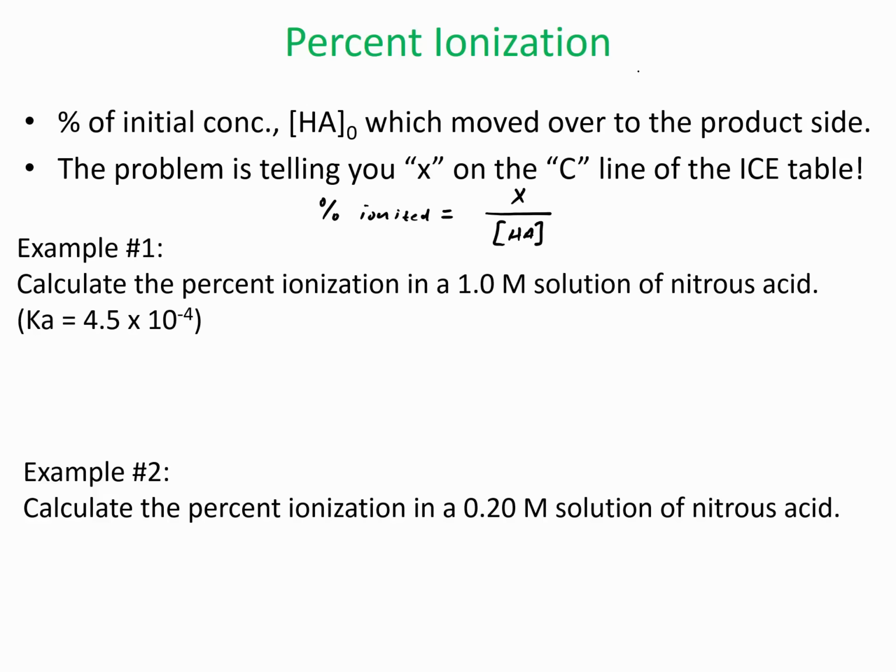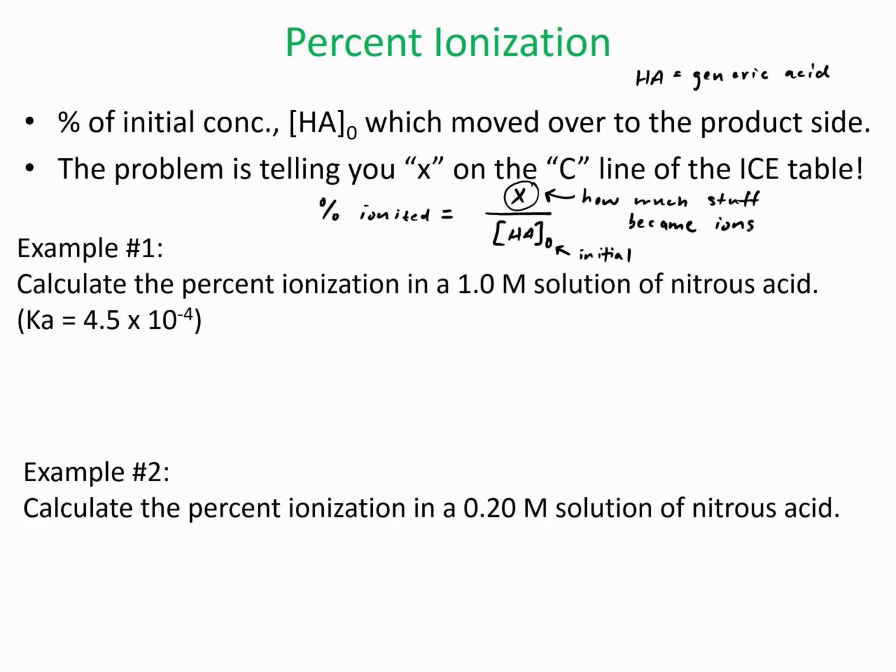HA is just a generic acid. The initial amount, so that 0, remember, means initial. And this X right here is how much stuff turned into ions, became ions.